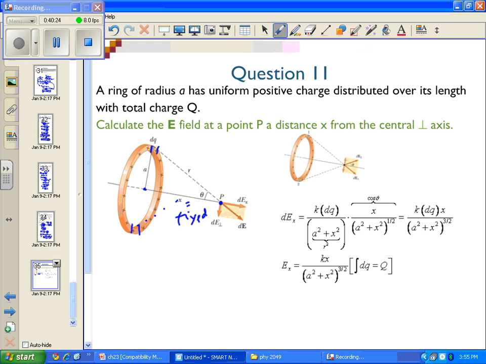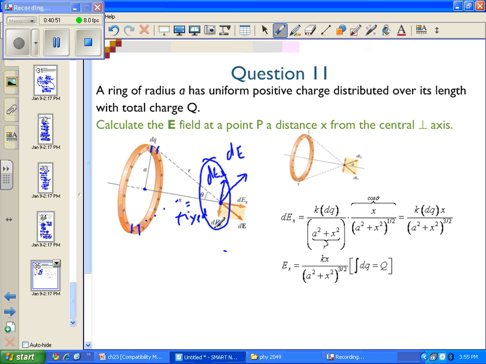Well, let's just see. Then we are going to get a dE in this direction, which is going to have the same dEx along the same direction, but the dEy will be opposite. And so the dE perpendicular, as our book calls it, these will cancel out. And we only have to worry about calculating dEx.